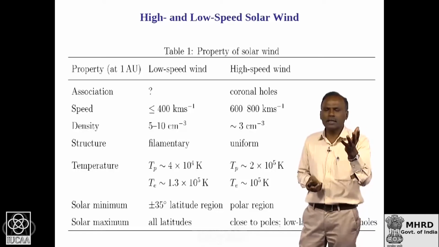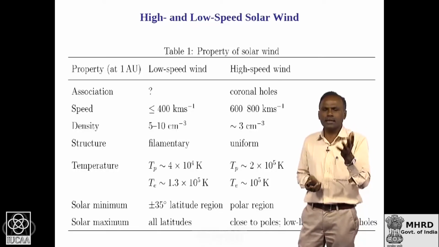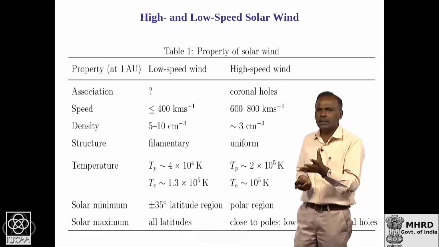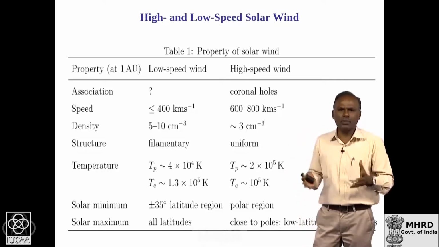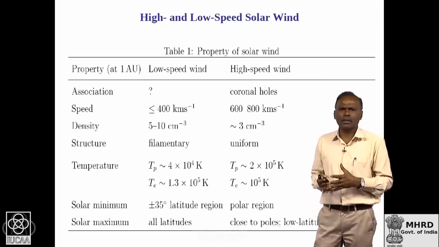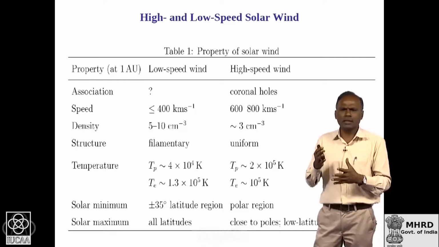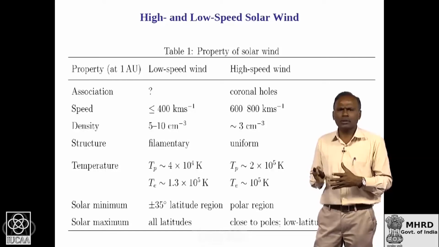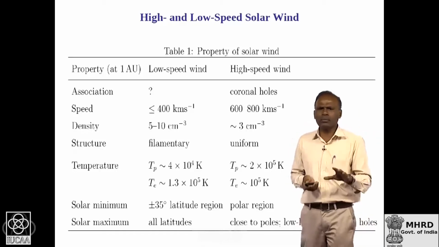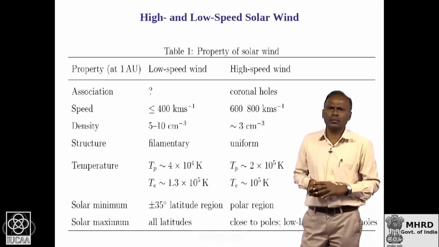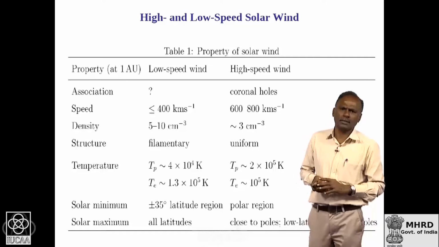So, you can see the low speed wind has a high density, and the high speed wind has a low density. They have a uniform structure, and typically the proton to electron temperature varies by 2 times, and during solar minimum they are associated with the polar region of the Sun.